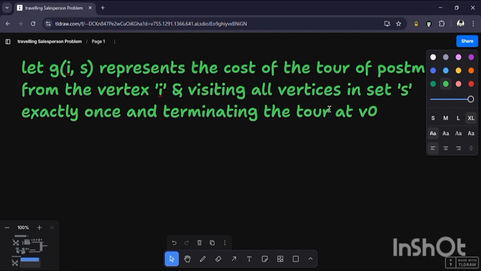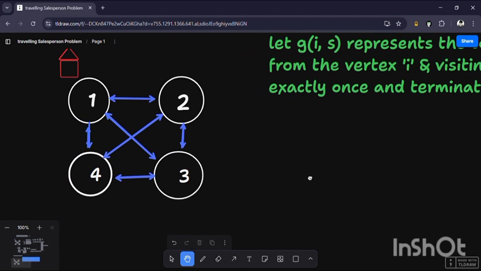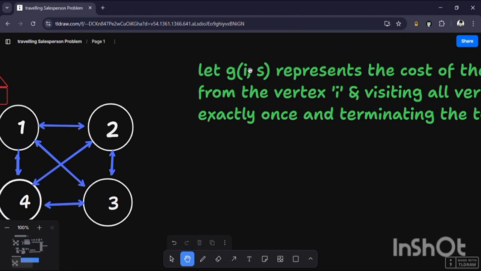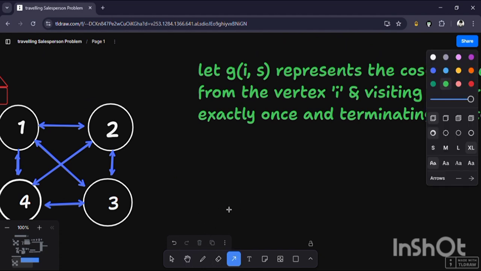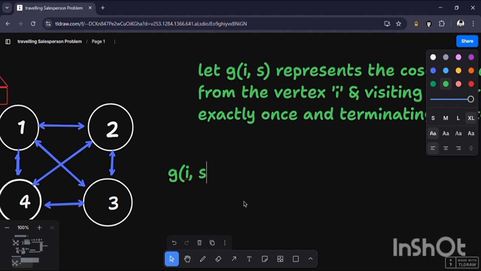So this V0 means 1. So for this example, what are the initial values of I and S? Let me write here, G of I comma S.